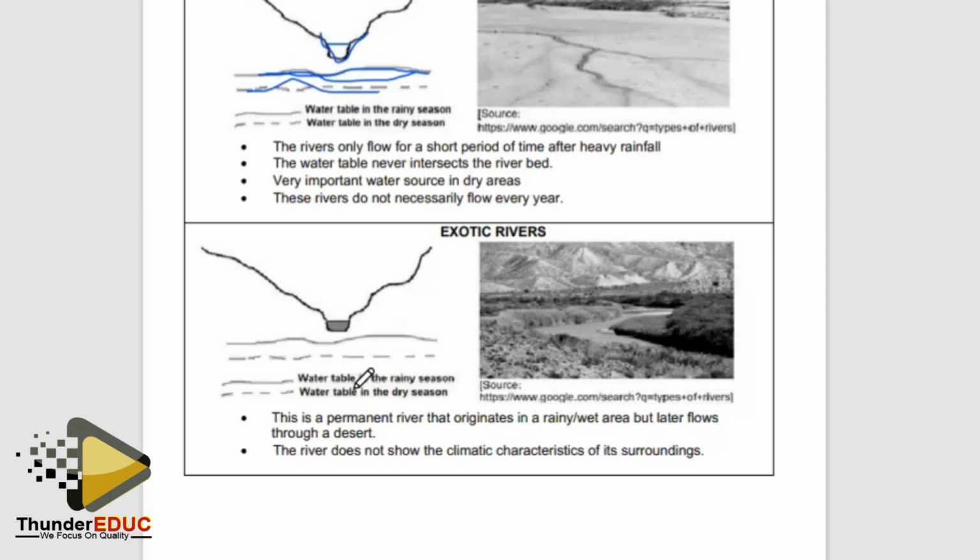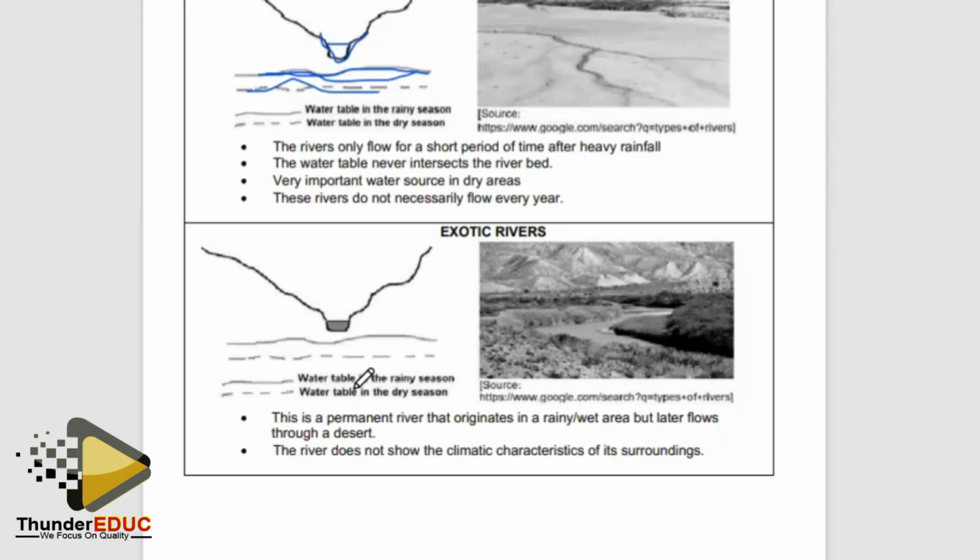So when we're in a desert, all the rivers which start from the very same area will be dry because the water table will be very low. But that particular river will be flowing, which shows that there is no conformance between the nature of the river and the climatic conditions over which the river is flowing. It's a desert area.